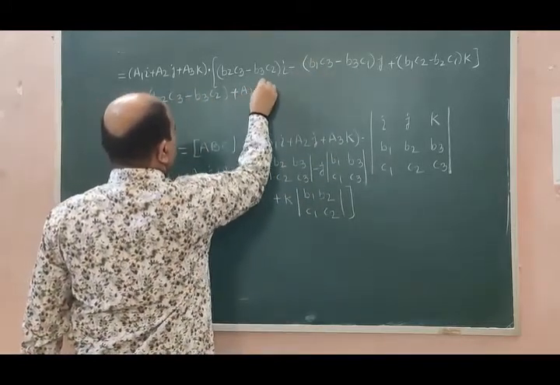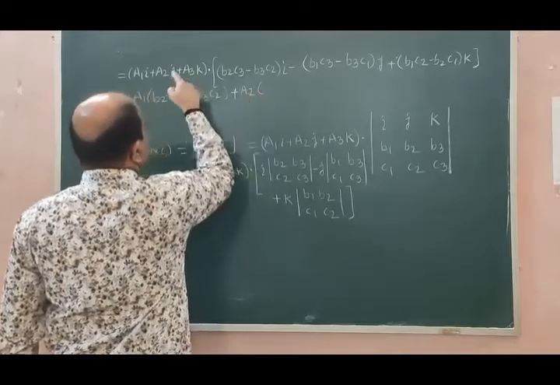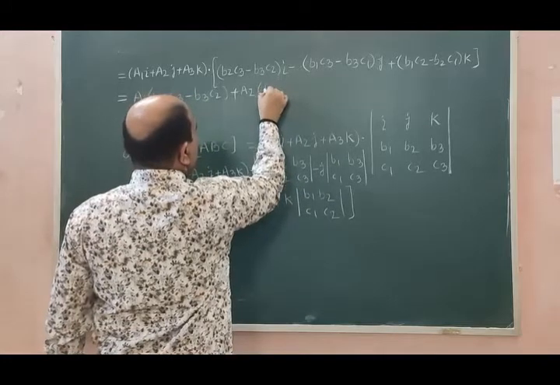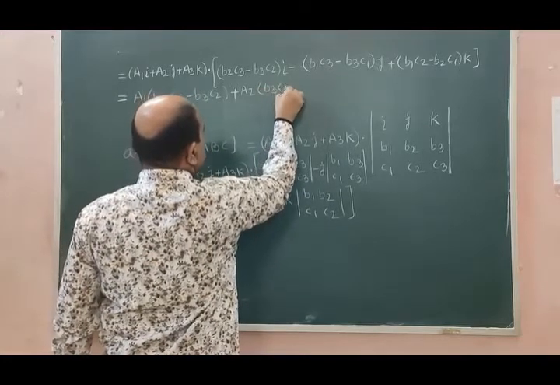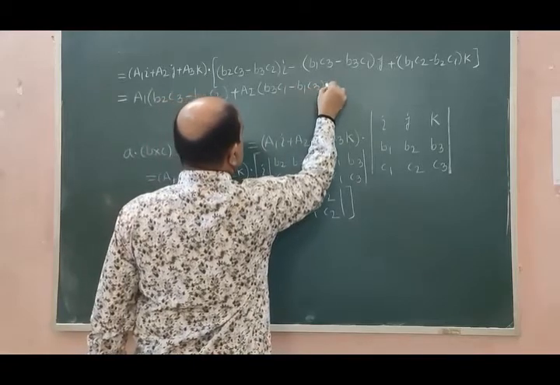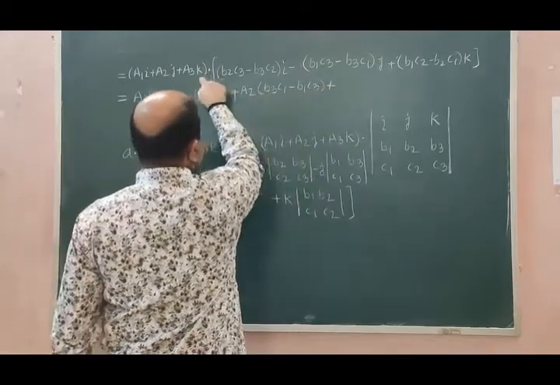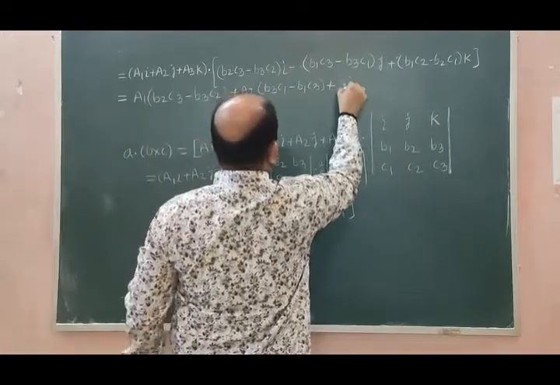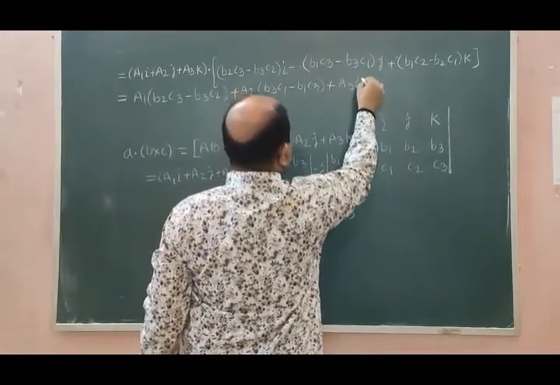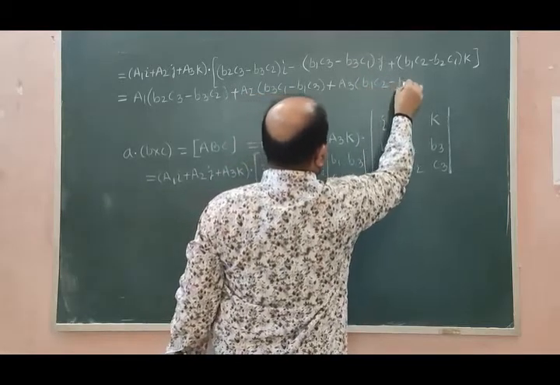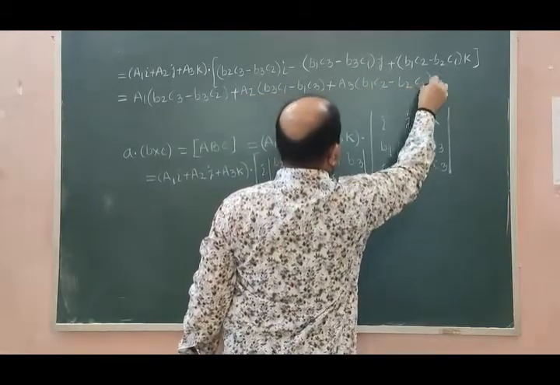A2 into J dot J1. So, B3 C1 minus B1 C3, plus K dot K1, A3 into B1 C2 minus B2 C1.